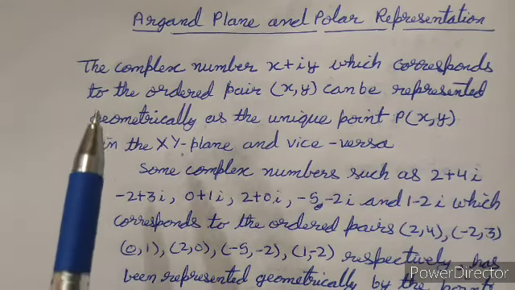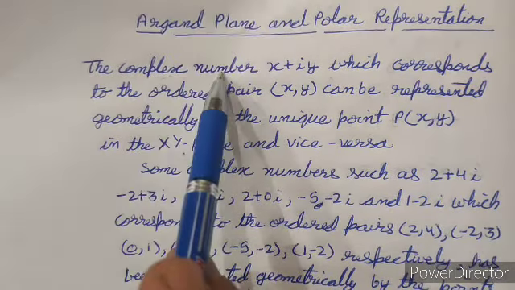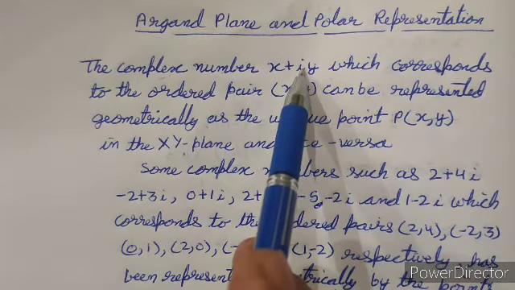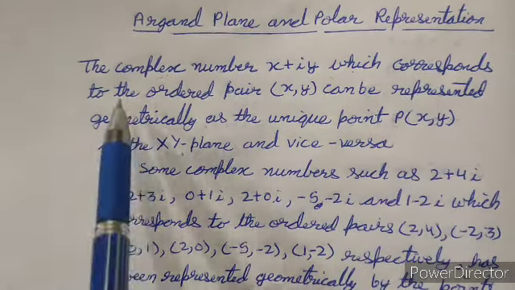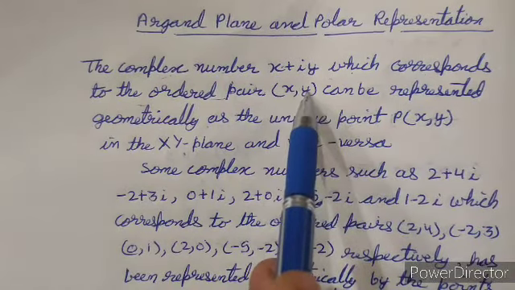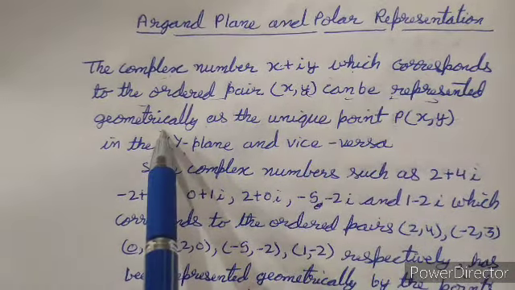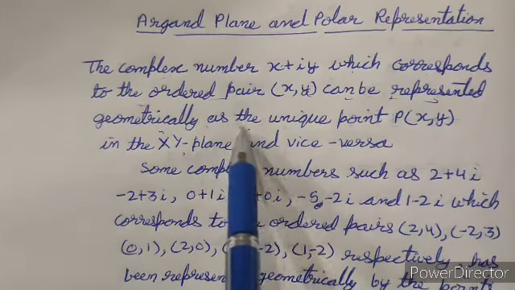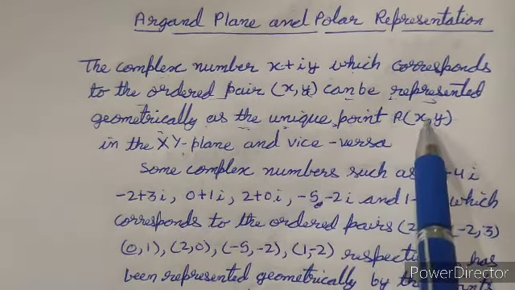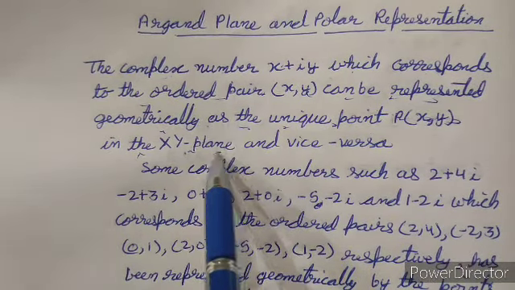Now come to Argand plane and polar representation of complex numbers. The complex number x plus iy, which corresponds to the ordered pair x, y, that means the real part is x and the imaginary part is y, can be represented geometrically as the unique point P(x, y) in the xy plane.